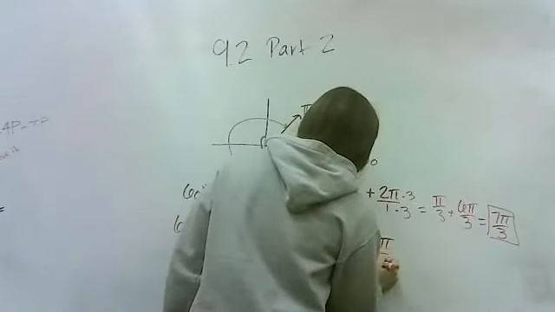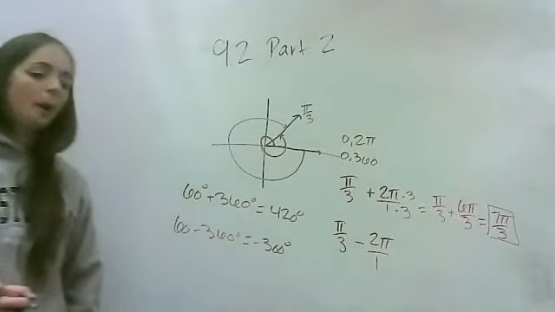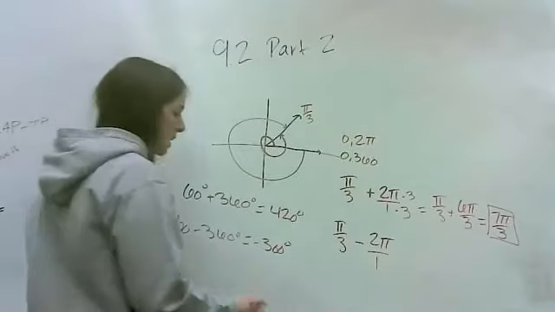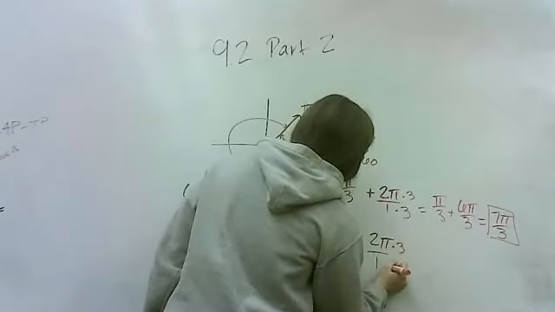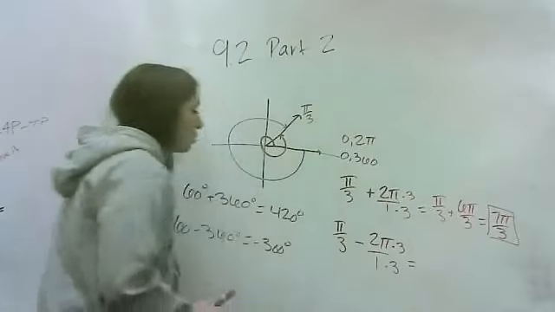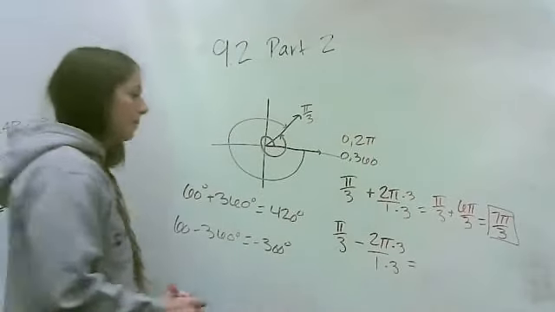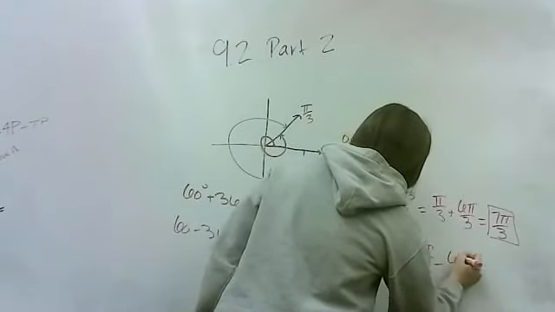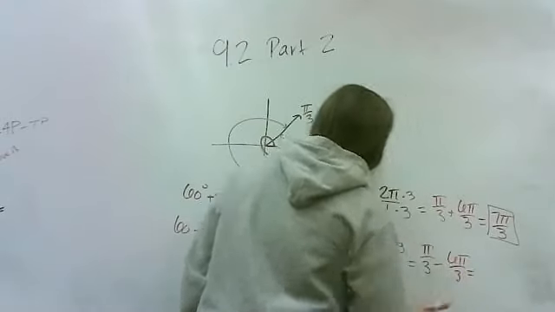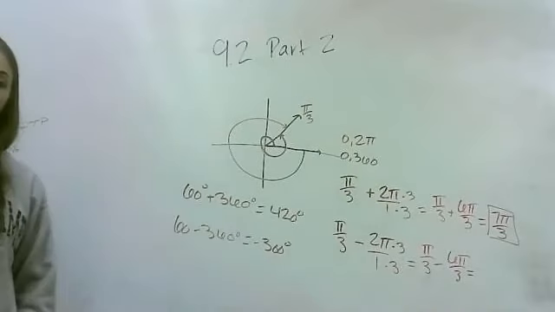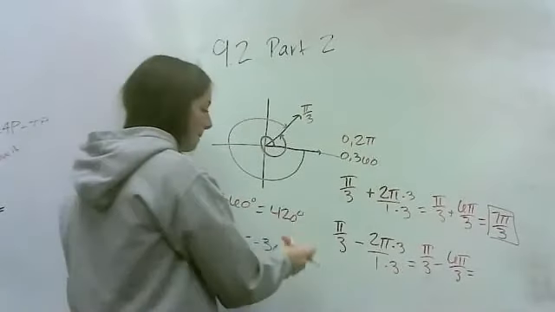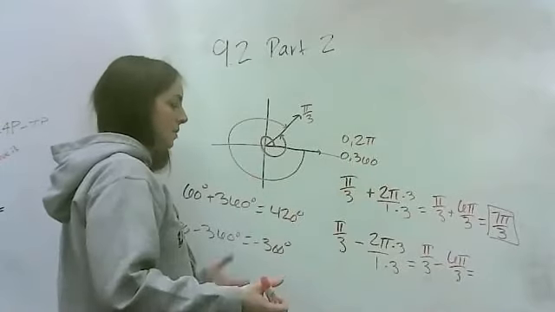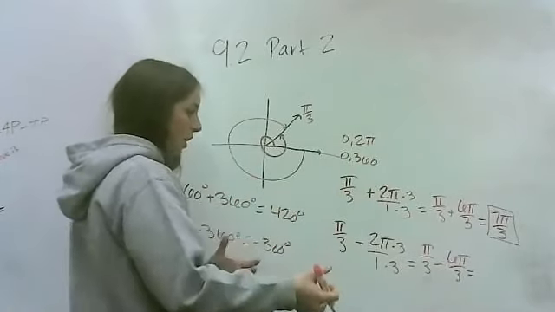In this case, we're going to do the exact same thing. Write that 2 pi over 1. Again, we've already done the hard work here of finding my common denominator is going to be 3. So again, I'm multiplying my numerator and my denominator by 3, giving me pi over 3 minus 6 pi over 3. Okay, here's where you have to be super careful. This is 1 minus 6. 1 minus 6 is going to go negative because I'm taking 1 and subtracting something larger than it.